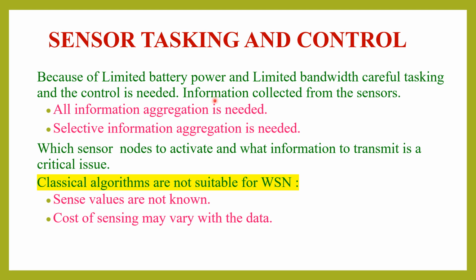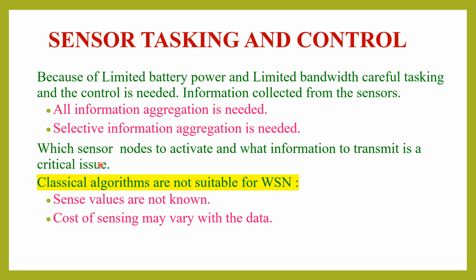From the aspect of information collected by the sensors, we could save energy. Whether all the sensors' information is needed or only selective sensors' information is needed, based on that we can reduce the energy consumed. Sometimes we can make a few nodes be put under sleep or idle condition so as to reduce the energy consumed by all the sensors in a network.